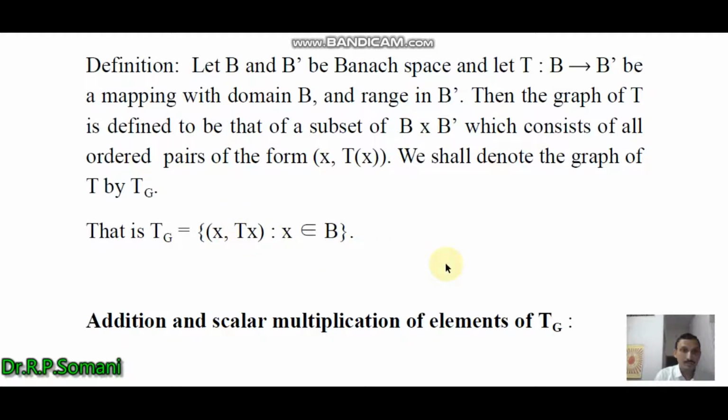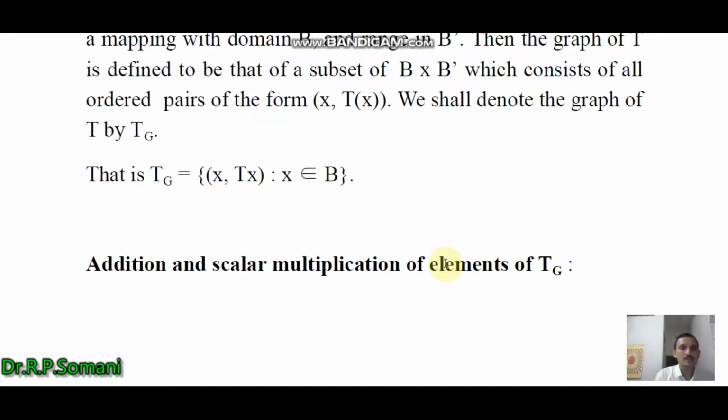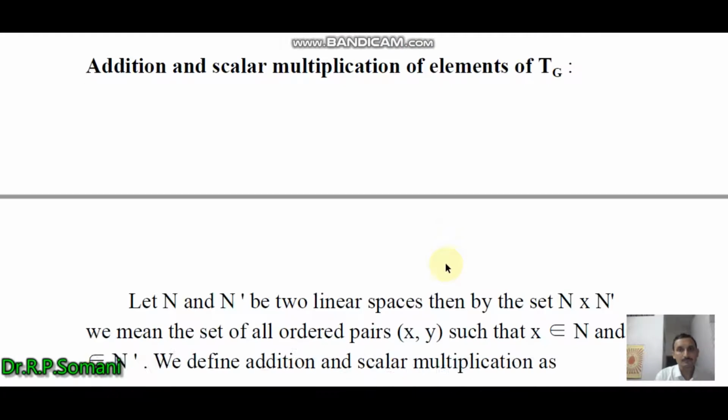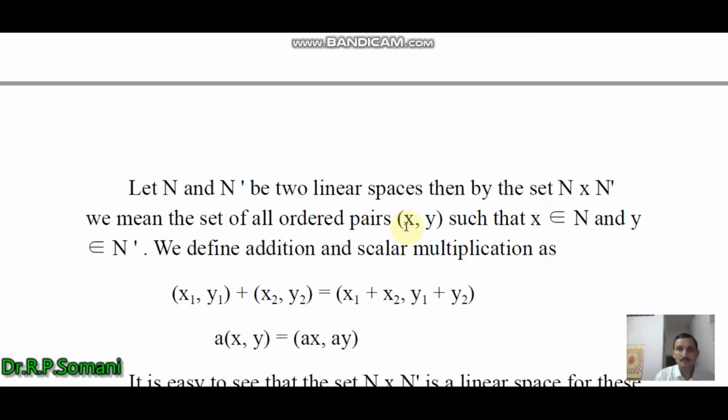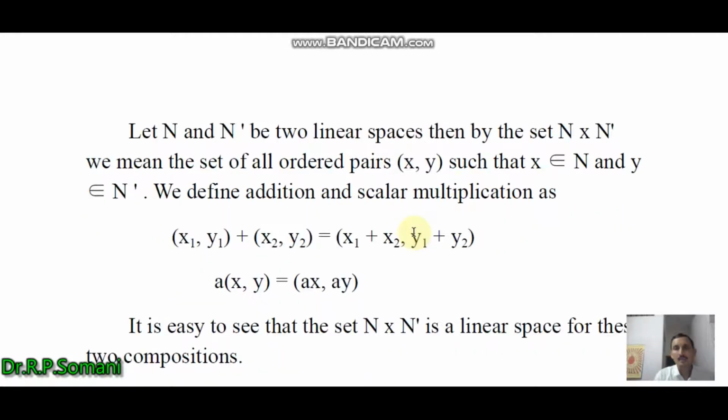Now we define the addition and scalar multiplication for the elements of this graph. Let N and N dash be two linear spaces. Then N cross N dash means the set of all ordered pairs (x, y) such that x belongs to N and y belongs to N dash.